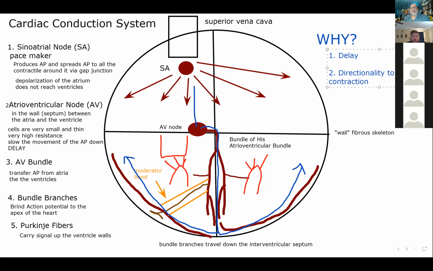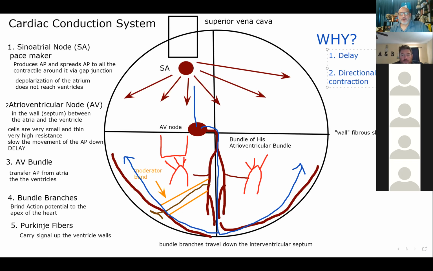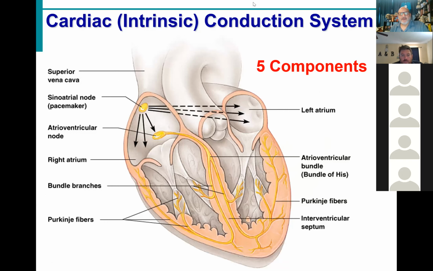And while my illustration doesn't do a good job of showing this, if we look at a real heart, and here they've done a nice job of showing us the left ventricle, notice by bringing the signal down, we get this directional pump that will pump the blood up and out into the aorta. And this one will pump it up and out, even though it's not drawn here, into the pulmonary trunk.